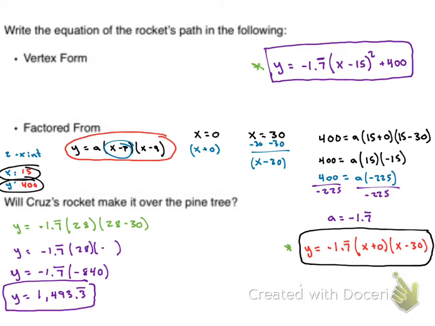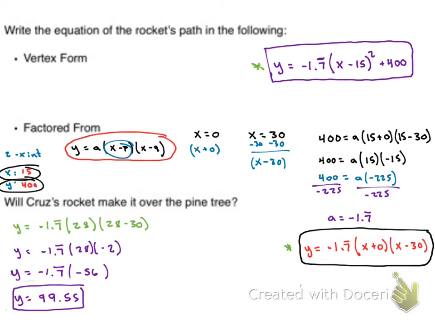This should have been negative 2, sorry about this. So 28 times negative 2 is negative 56, and then negative 56 times negative 1.777777777 is 99.55 feet. Okay, that makes more sense.